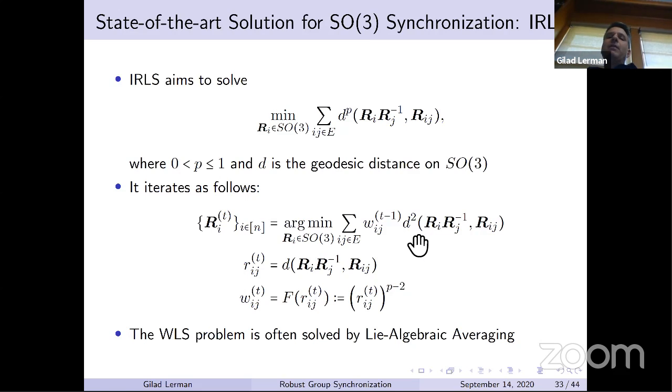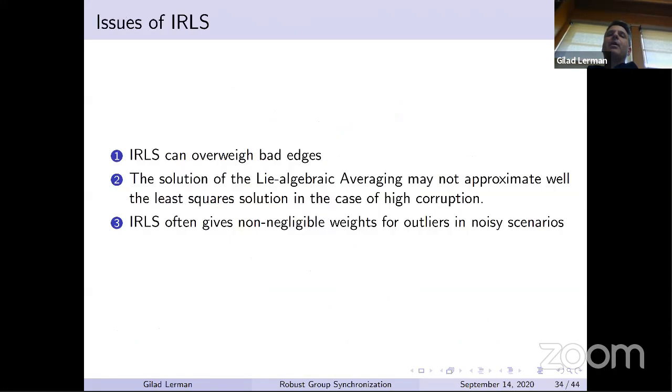Now, this is a highly common solution, and it seems to work nicely, but it has some problems. Let me also mention that solving the weighted least squares problem is not easy. It's a non-convex minimization, and people have a certain method for this called algebraic averaging, so it can run into different problems.